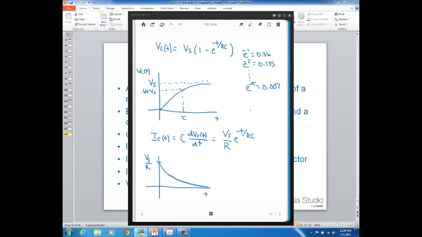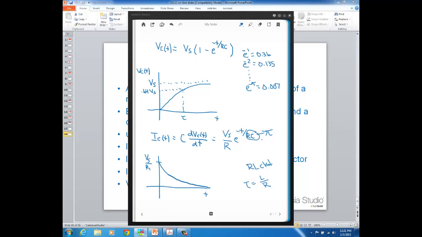Because remember, for an RC, R times C is your time constant, tau. For an RL circuit, your tau is equal to inductance divided by resistance. So that's your time constant.